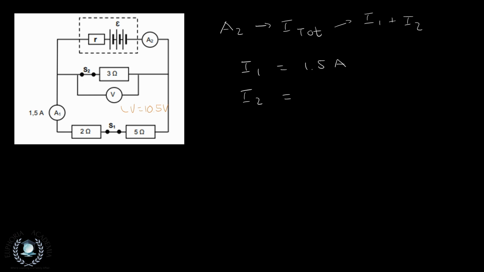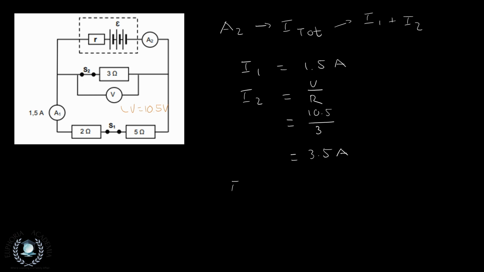using our formula, which is V over R. We found the voltage as 10.5 over the resistance, which is the 3 ohms that you see, and that is going to give us a current of 3.5 amps.